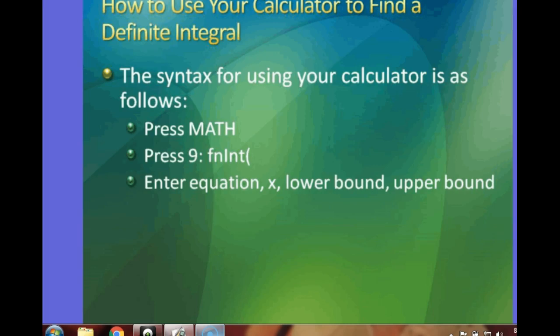This is for if you have the older calculator, right? The directions are like the black calculators. The process, the Math 9, is still the same, actually. It's just how you had to enter it, which is still very similar. You enter your equation. Back in the day when I did it, you had to type the equation, put a comma, put x. It didn't look like an integral.